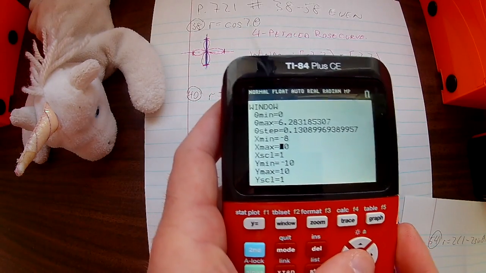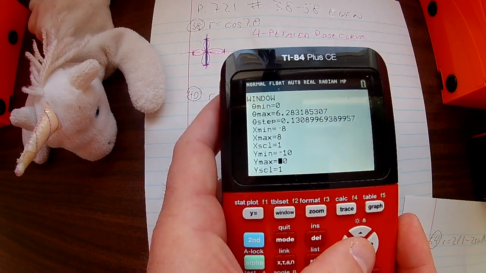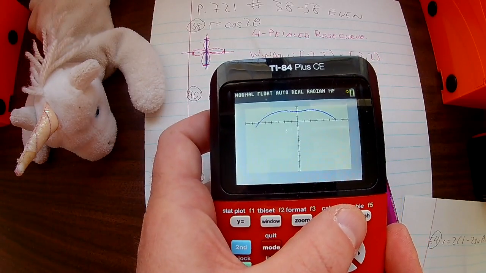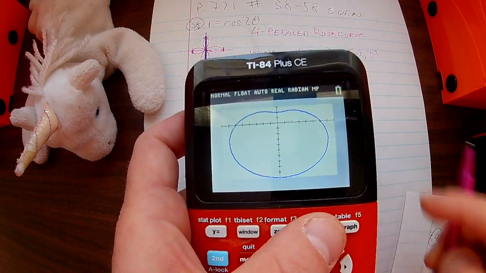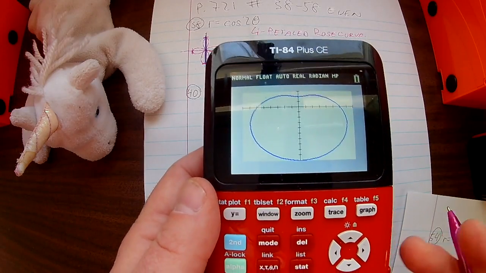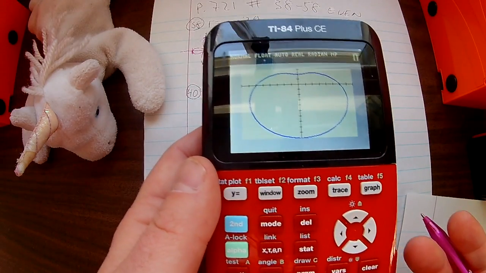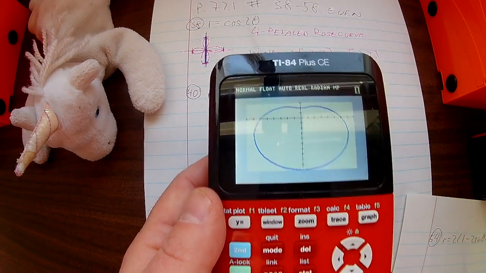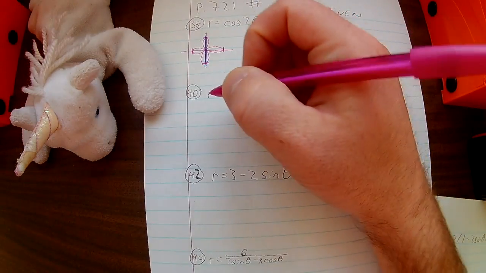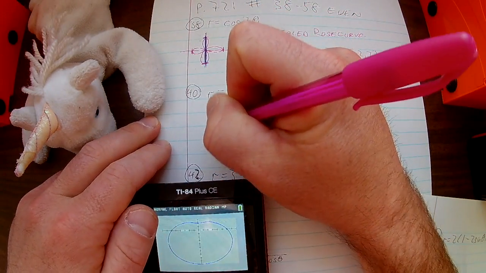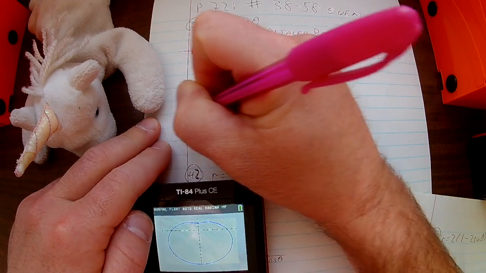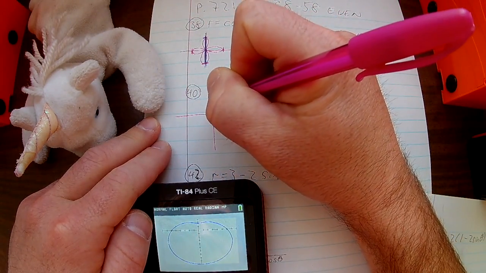So -8, 8, -10, like I said, up to 3. And it looks like I've got that wonderful Limaçon. If I want to be incredibly picky about it, I could say that it's a dimpled Limaçon, if I want to sound really cool. So again, just graphing it here. I don't care how accurate your graph is.